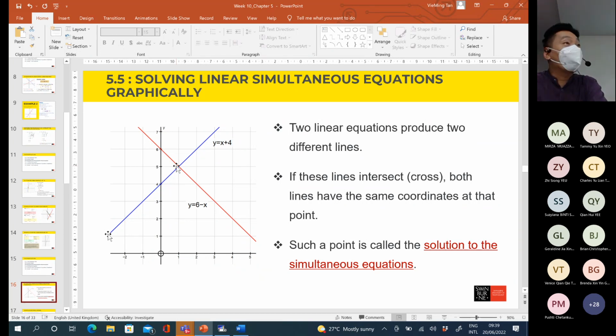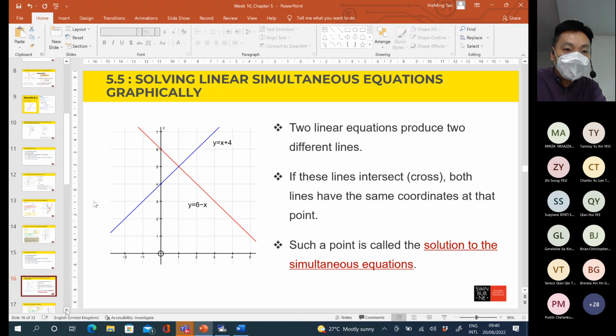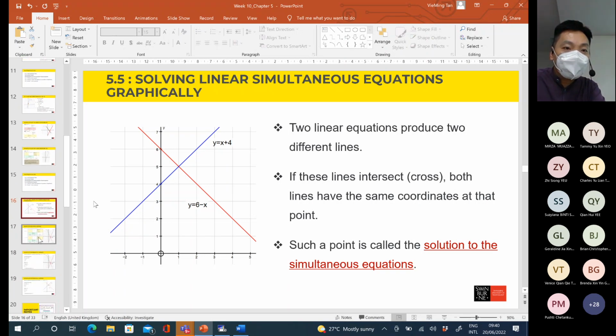In order to calculate the x and y value of this point, there are two ways to get the answer. You can either use the graph or you can use the mathematical equation to solve the problem. Personally, I prefer to use the mathematical equation. Maybe I can show you using the mathematical equation first before we use the graph, how to identify the x and y value for this intersection point.